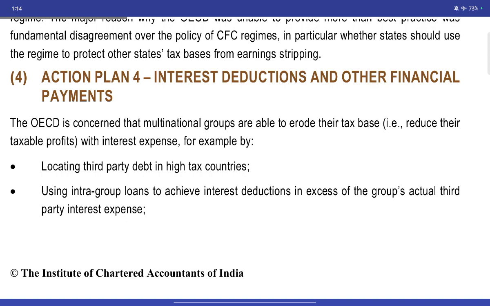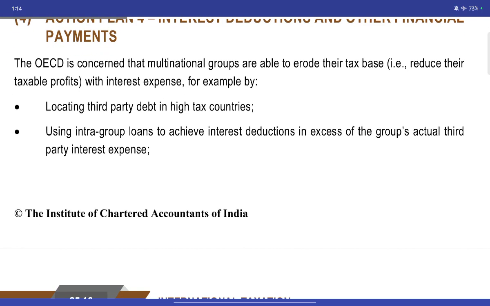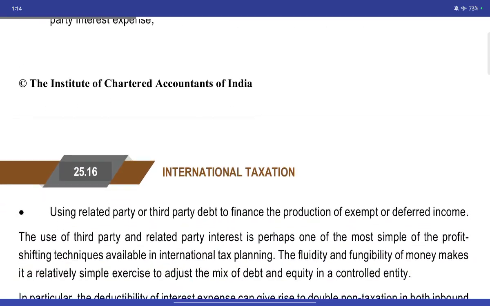The OECD is concerned that multinational groups are able to erode the tax base, reducing taxable profit through interest and expenses exempted by locating third party debt in high tax countries, and using intergroup loans to achieve interest deductions in excess of the group's actual third party interest expenses.